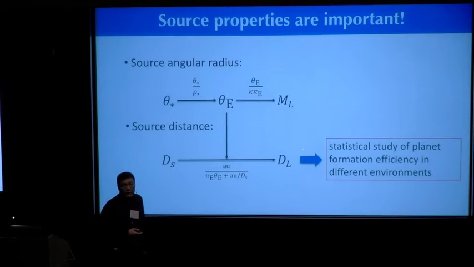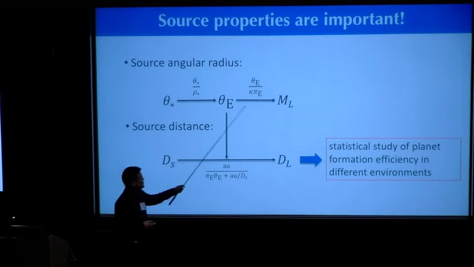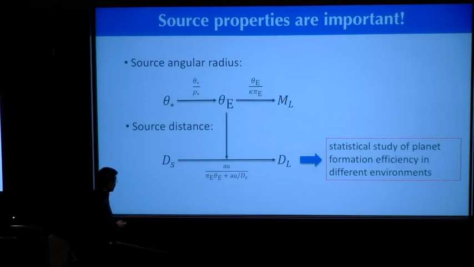And as you know well, the source distance and other properties are very important for understanding lensing geometry. So if we know the source angular radius combined with the finite source size effect, we can determine the lens Einstein radius. And if you have parallax, we can determine the lens mass uniquely. Now, in most cases, the source distance is assumed.